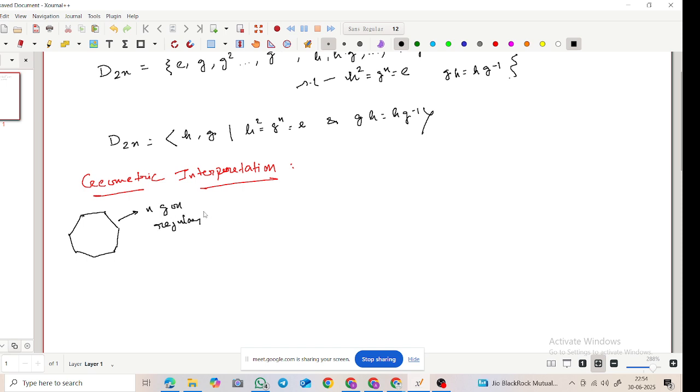Okay, and we are assuming that g is rotation by 2 pi by n degree, and h is reflection about an axis L which bisects the n-gon. Let's call it L, reflection about L.